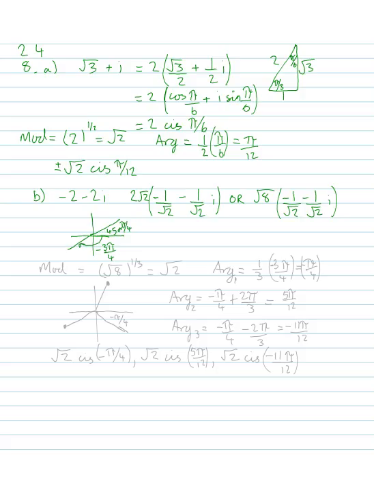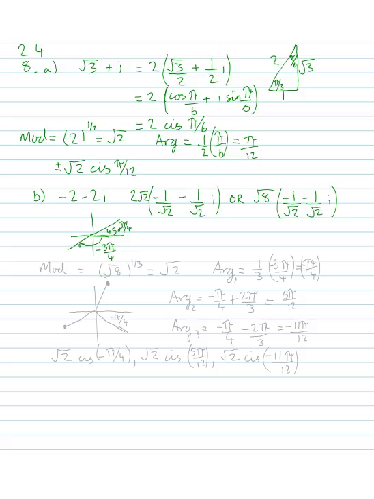So you've got your argument, you've got your modulus, and in order to use De Moivre's theorem, you just need to use those two things. So at that point, what we want to do is use De Moivre's theorem and cube roots. And in order to use cube roots, we need to understand what multiplies by itself 3 times to give root 8. And that is root 2, because root 2 times root 2 times root 2 equals root 8.